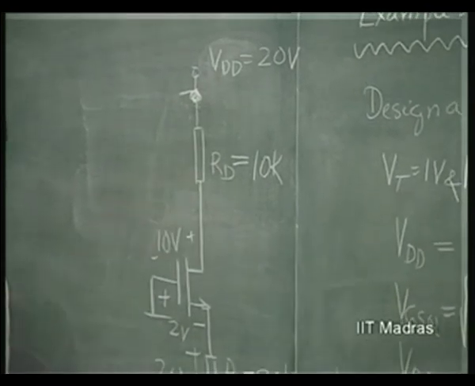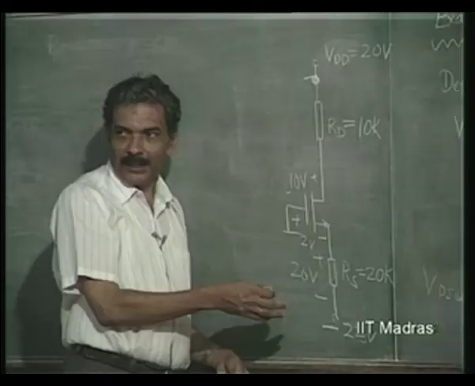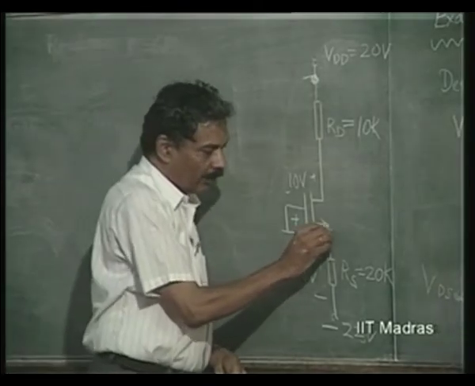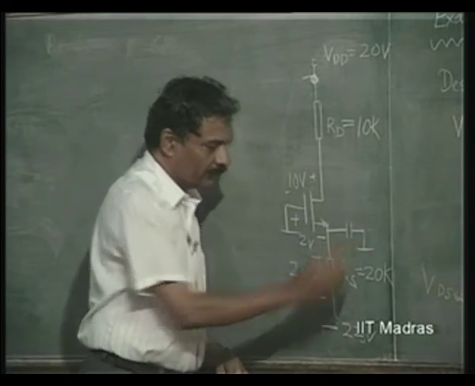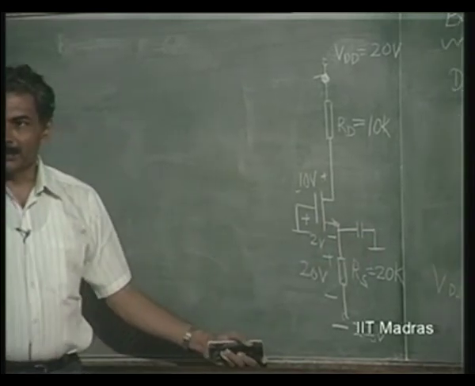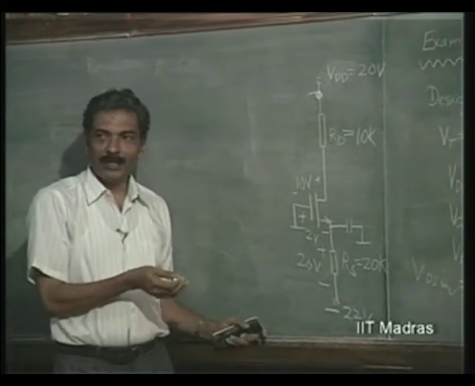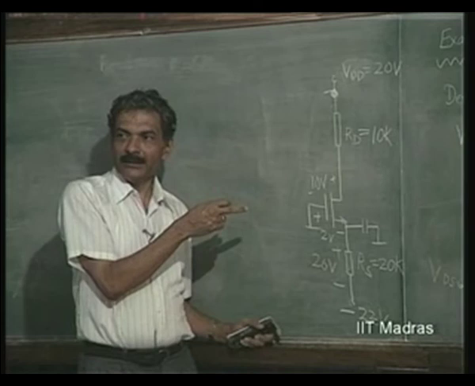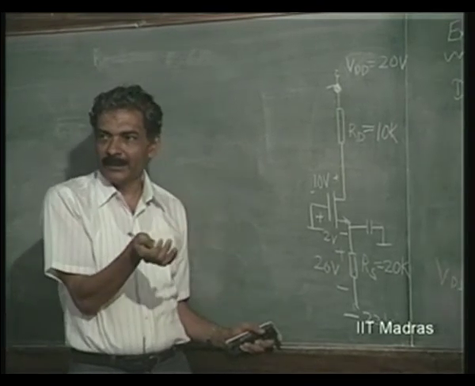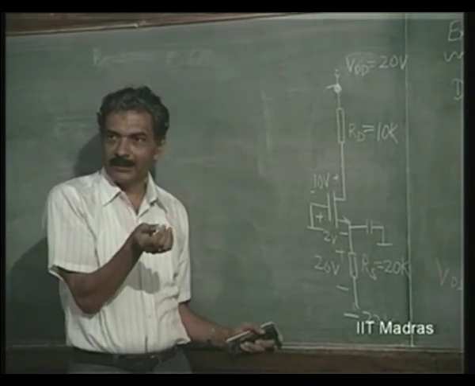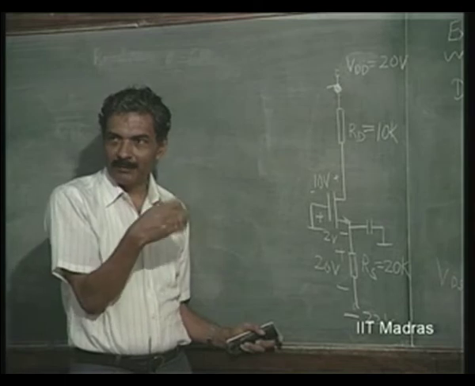For the same problem now, the design is changed based on the option to use 2 power supplies. The gain now becomes minus 20 because GM remains the same, IDSQ is the same. So, GM remains the same.